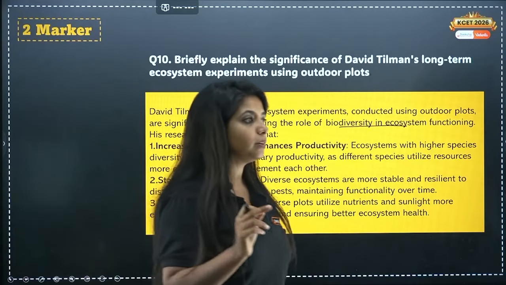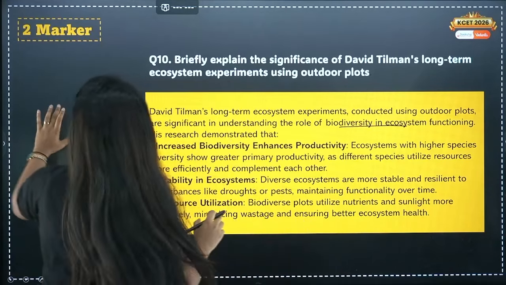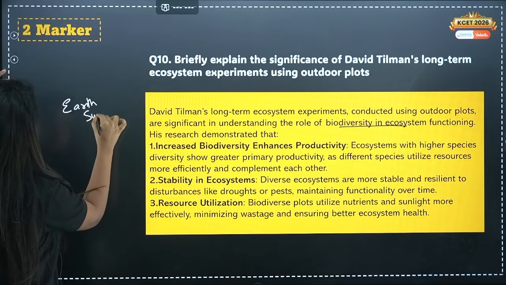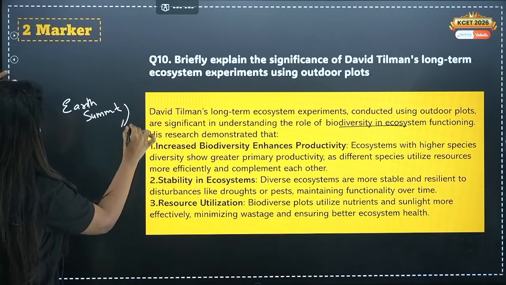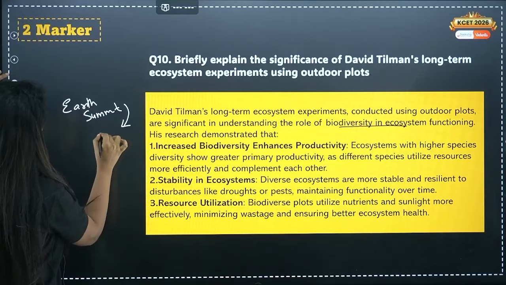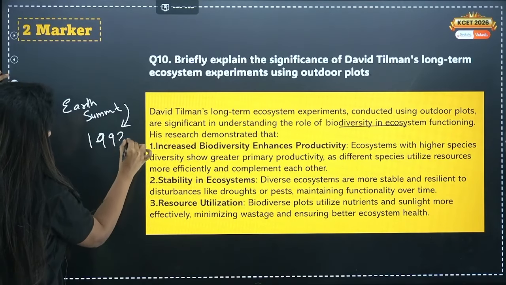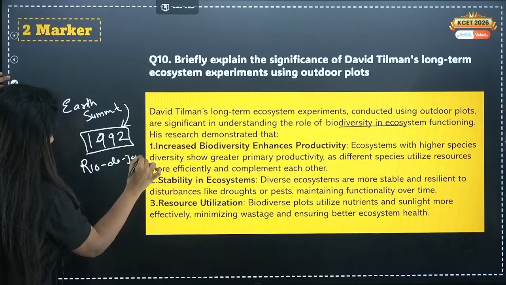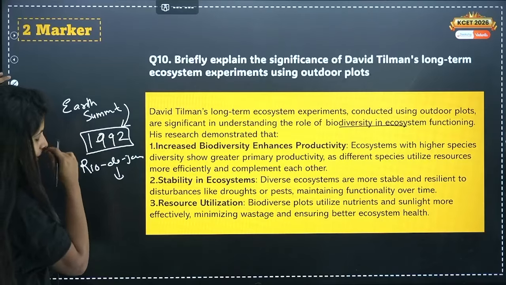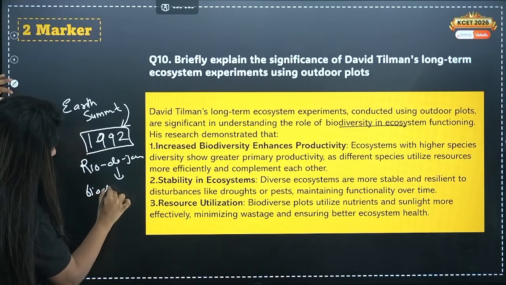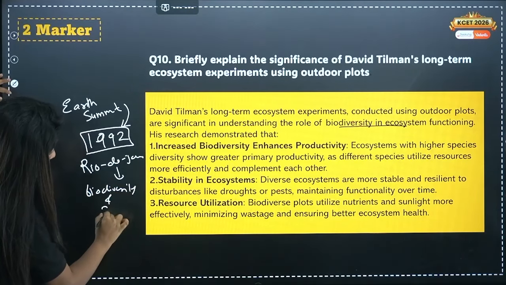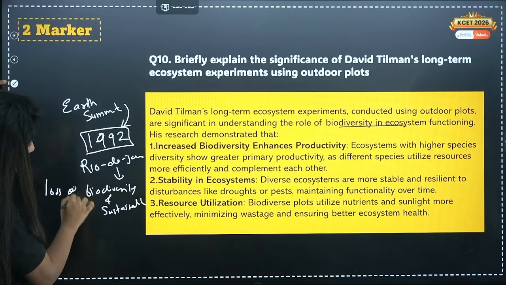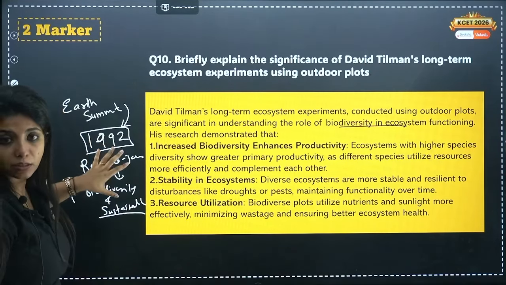Apart from that, also remember there was an Earth Summit, held in the year 1992 in Rio de Janeiro, and it focused on biodiversity as well as sustainable development. They were talking about loss of biodiversity and sustainable development. This was the first thing.